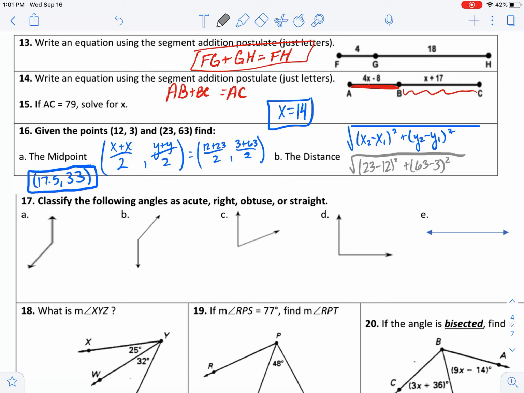So then I've got the square root of 23 minus 12 would get me 11, and 63 minus 3 would get me 60. So I'll do both parts here. This is the square root of 11 squared is 121, and 60 squared is 3,600. And if you type that into a calculator, you should get 61 as your final answer.